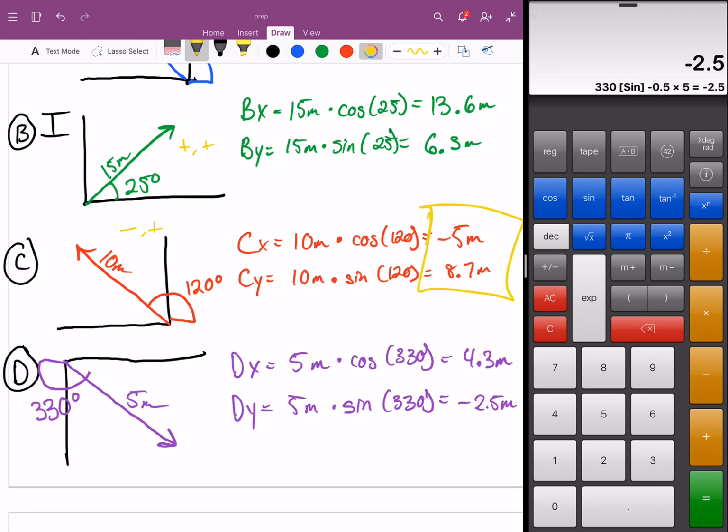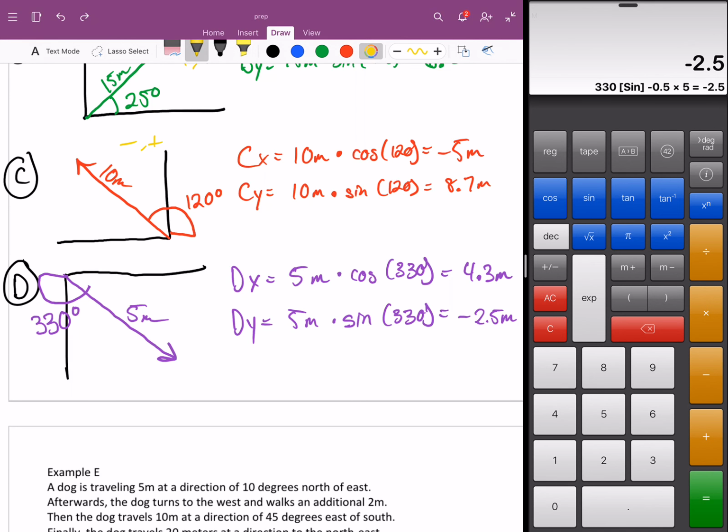And finally, quadrant 4: positive x, negative y. Notice that as well.